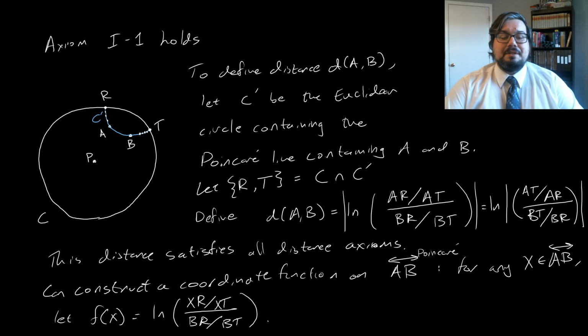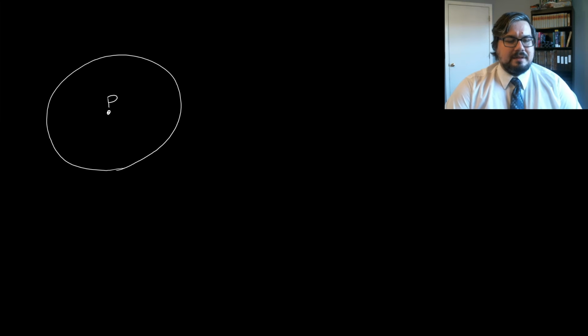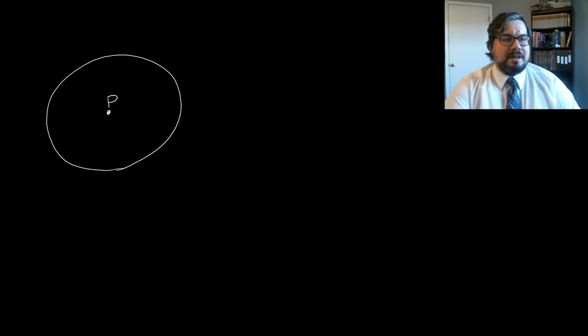It turns out that the Poincaré model also has plane separation. This one is a little bit harder to prove, but intuitively we can see that it makes sense. So if I've got my Poincaré geometry and I've got some line in the geometry, most of which look like this, well, then we can identify two sides of this line.